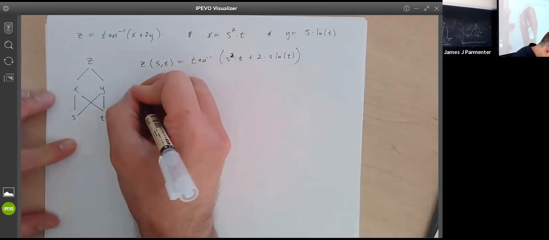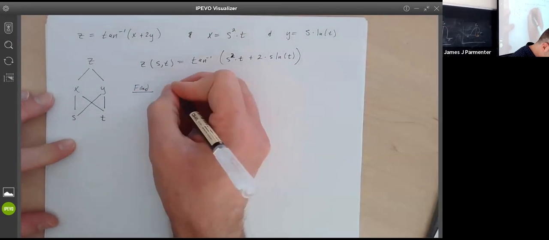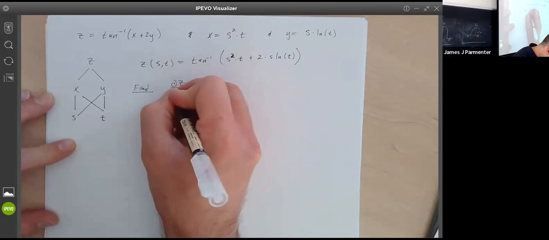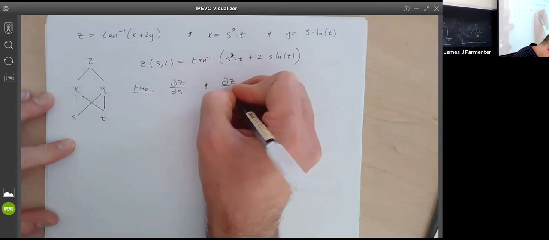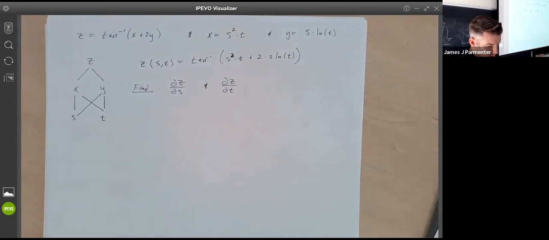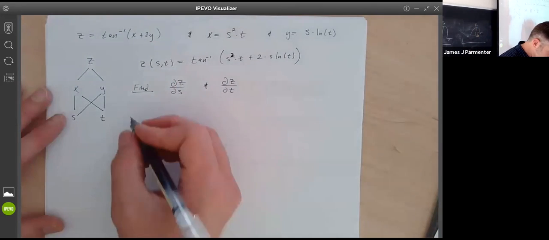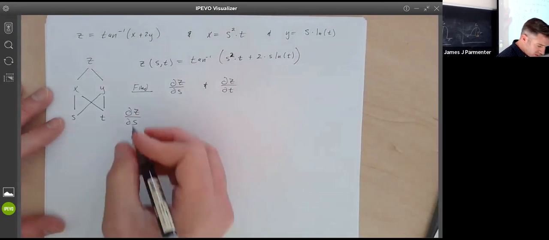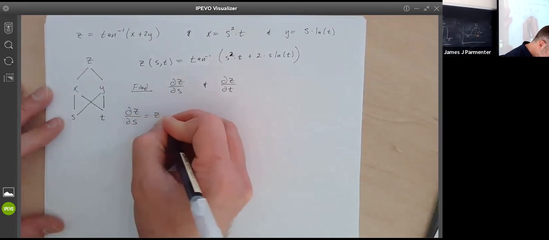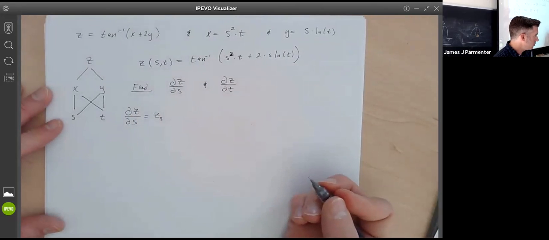I want to find both del z del s and del z del t. And then we're going to do it the usual pathway, which is to find del z del s, which you could write as z_s if you prefer.